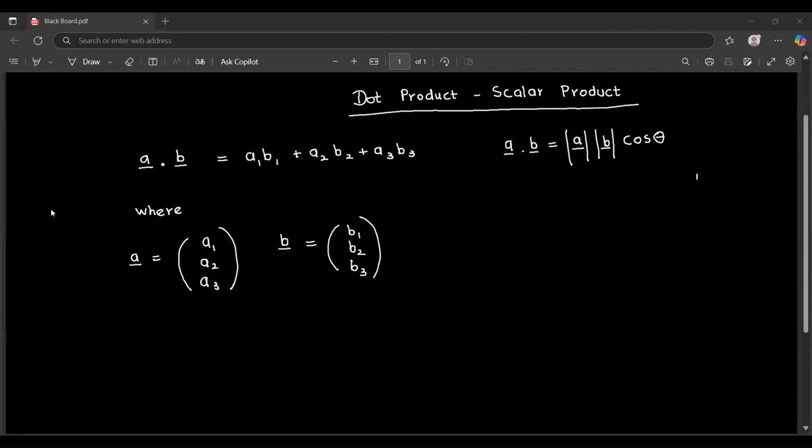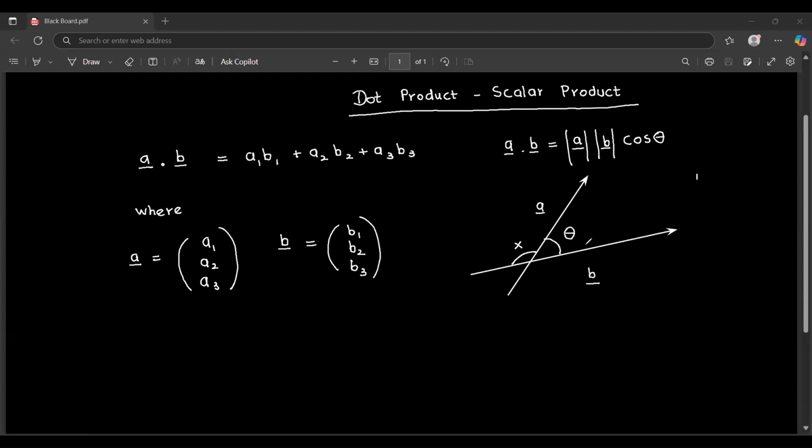Well, let's say there is a vector A and there is this vector B. So this is vector A and this is vector B. This is the angle between them. Not this, this is not the angle that we are talking about here. The angle that we are talking about is the angle here.